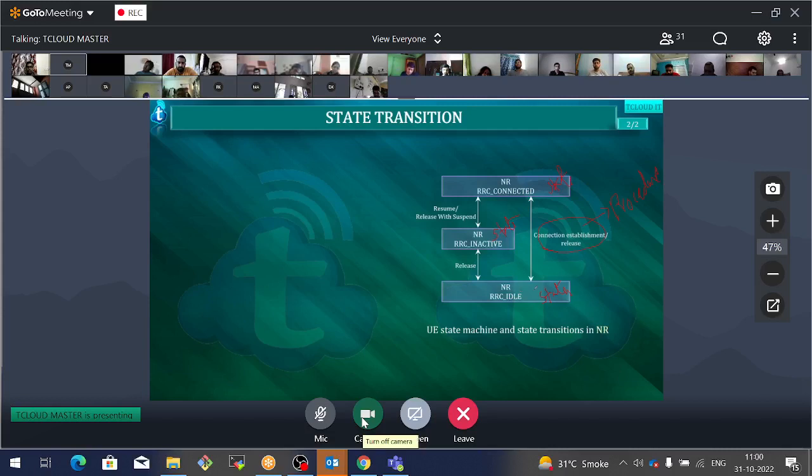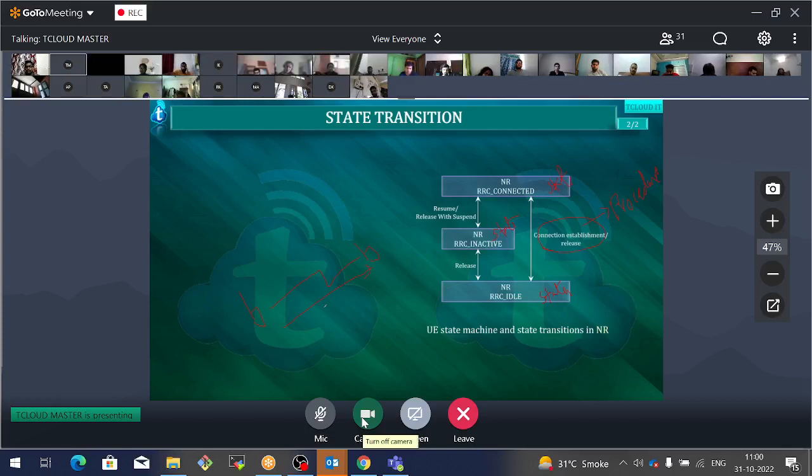That means to move a mobile from idle to connected, definitely the mobile equipment needs to communicate with the GNodeB. Ask the GNodeB, hey, I want a radio connection. Please give me a radio connection. If the GNodeB accepts it, it will send you its acceptance. Then the mobile equipment is said to have moved into RRC connected state. So here you are in idle state.